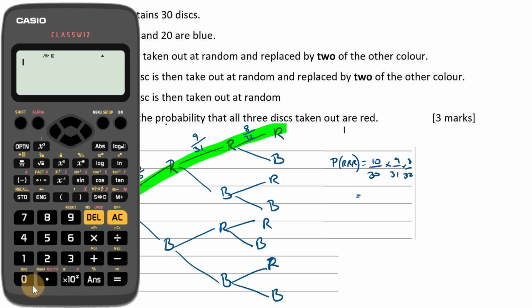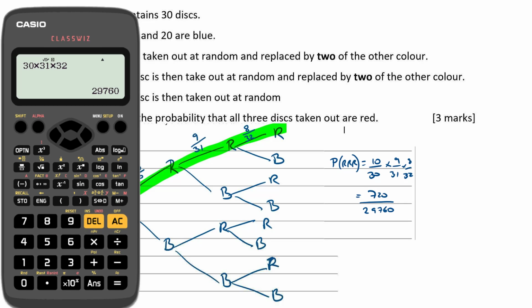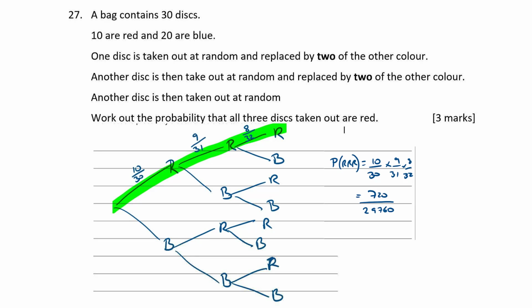What's that? 10 times 9 times 8 is 720 over 30 times 31 times 32, 29760. Does that cancel down? Don't really need to. I think that's fine. I'm just going to leave it like that.